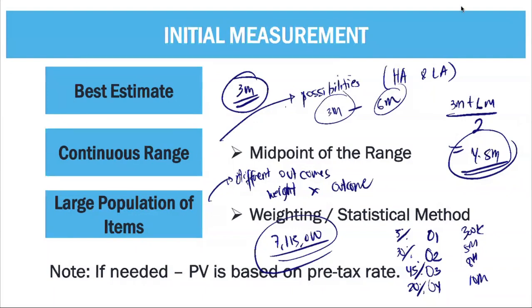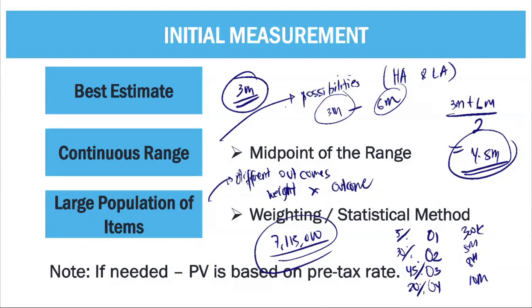How will you measure it? If there's no best estimate and there is a continuous range, what is the continuous range again? It is a range of outcomes or possibilities which provides for the higher and lower amount. In our example, our lower amount is 3 million, our higher amount is 6 million. We just get the midpoint of the range. So the midpoint is 4.5 million.